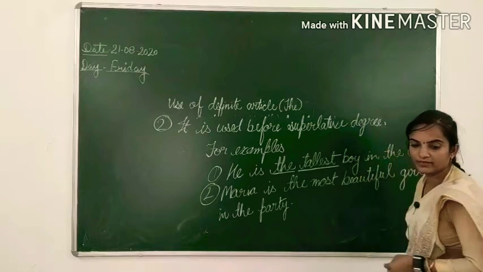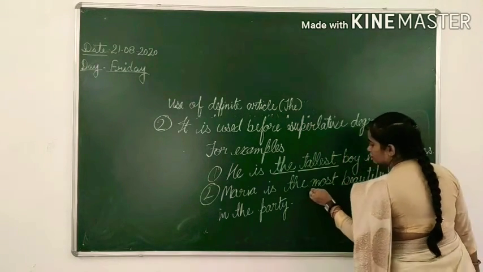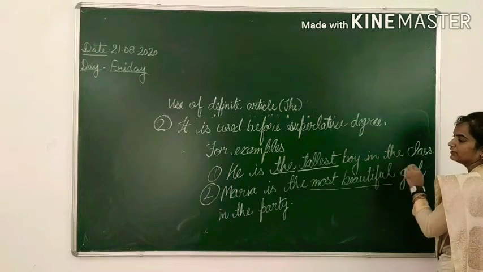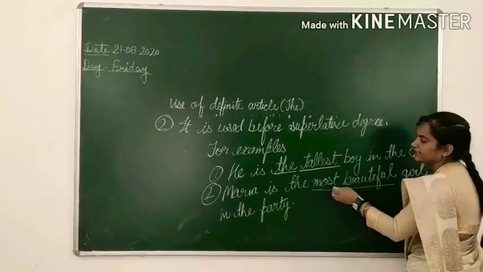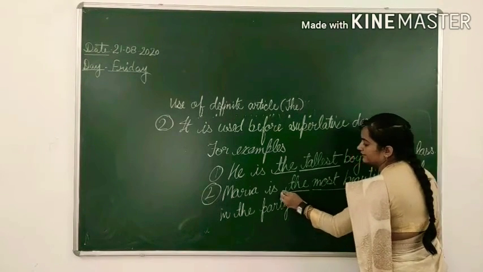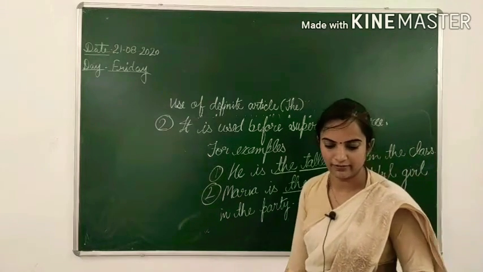So find out the superlative degree in this sentence. The most beautiful, and just before the superlative degree we will write the definite article the. I hope you have understood very well.